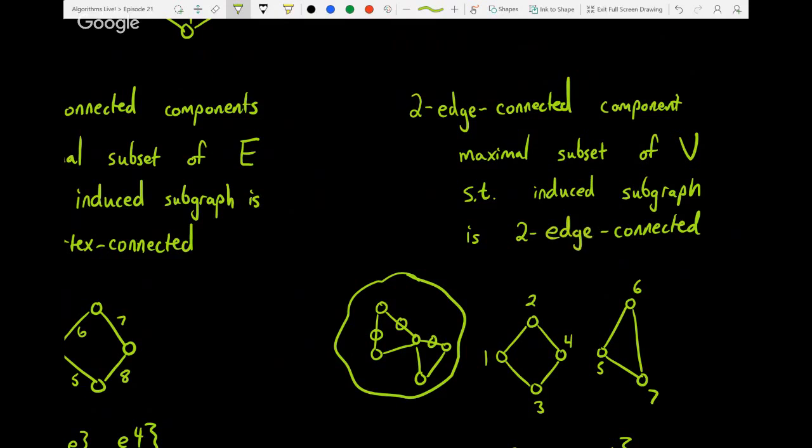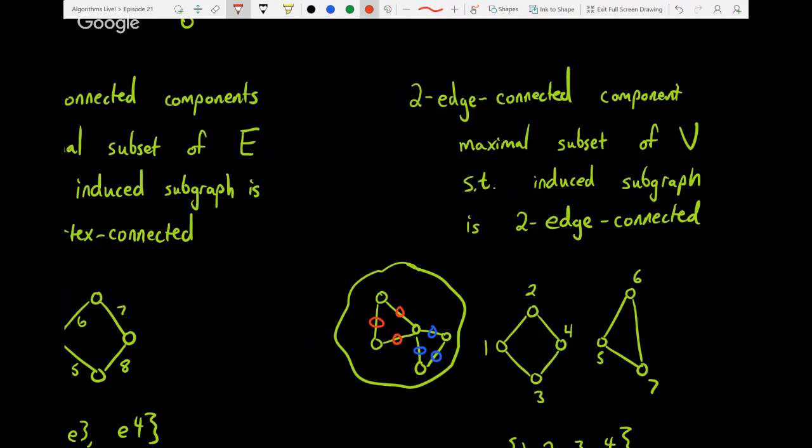This should be edge. But this would just be one thing, even though there are two vertex connected components, one here and one here, but the nodes here form one two edge connected component.